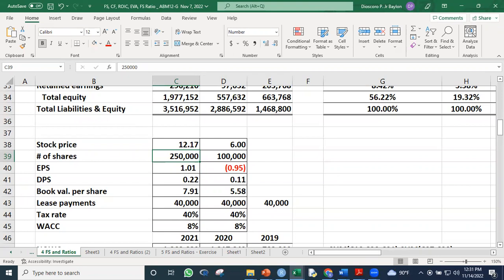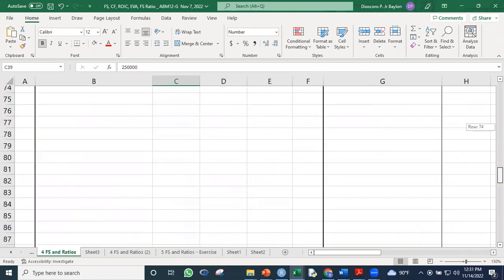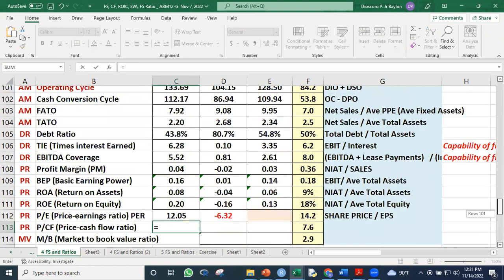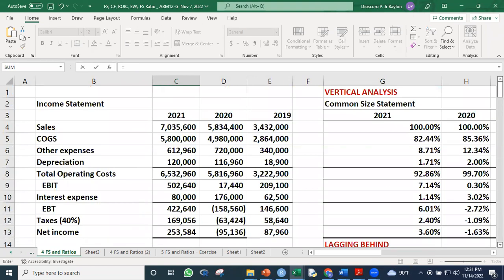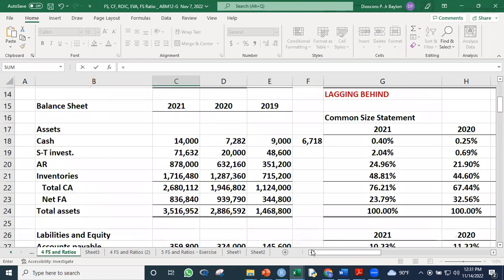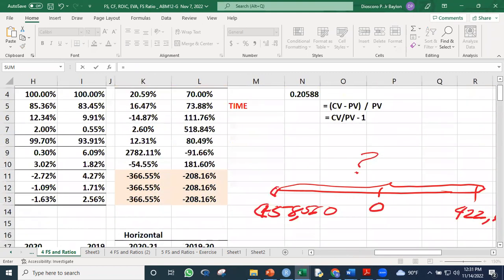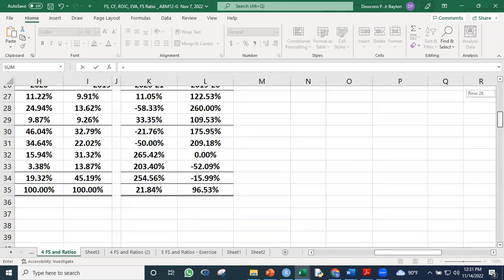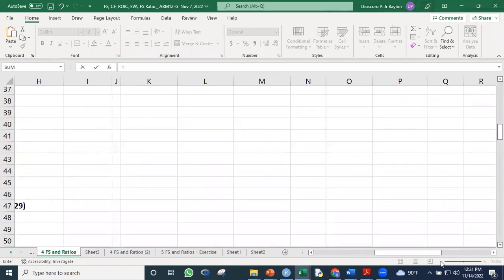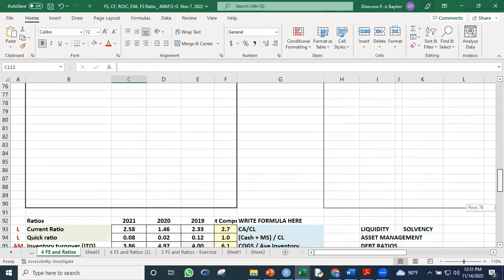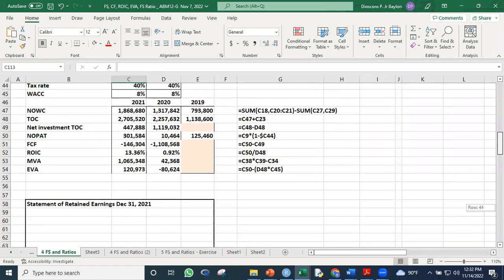So how much is our net cash flow for 2021? Let's see. Hindi pala tayo nag-cash flow dito, no?